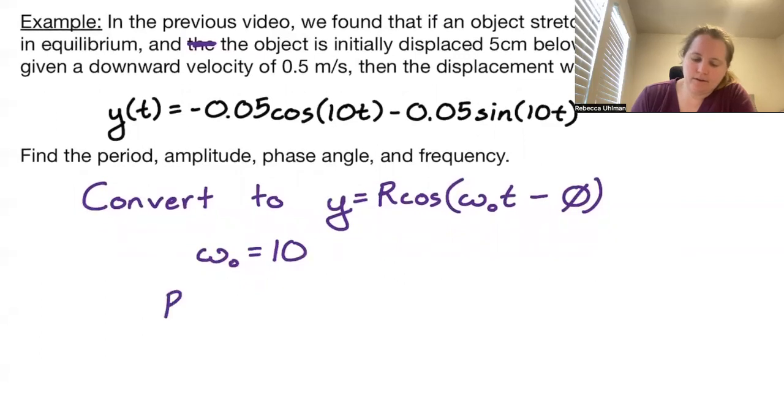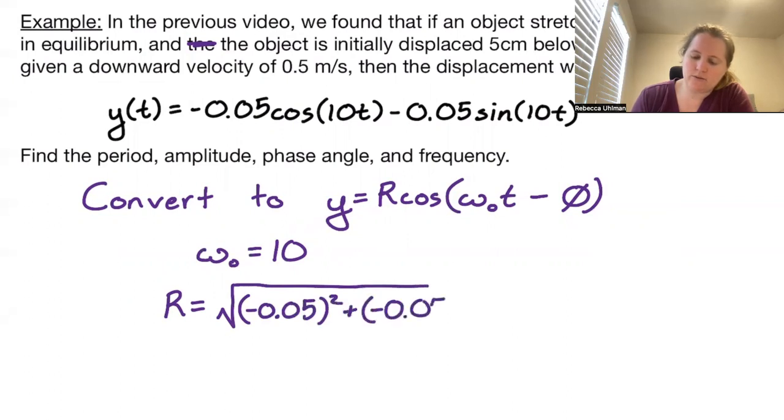R should be the square root of C1 squared plus C2 squared, so negative 0.05 squared plus negative 0.05 squared.